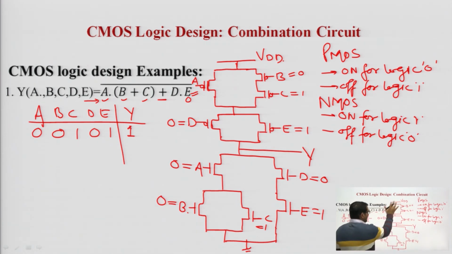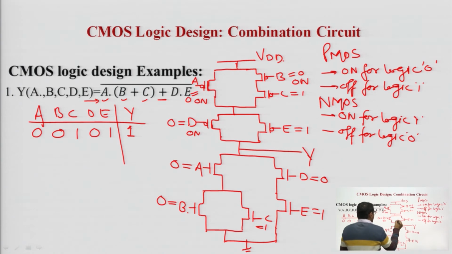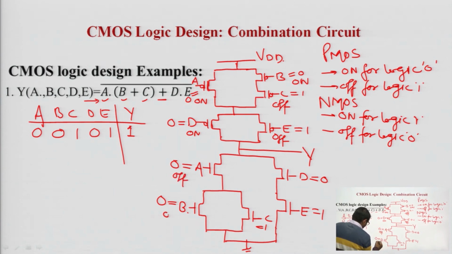So here we put all the logic values for the variables A, B, C, D, E. For A as 0, this transistor is on, this is on. This is off, this will be off, and here this is off, this will be off.